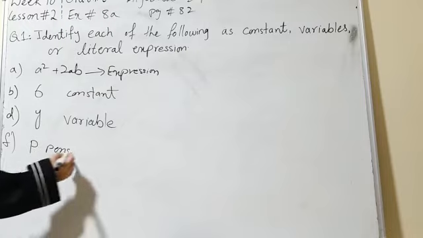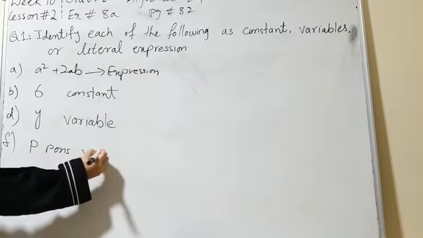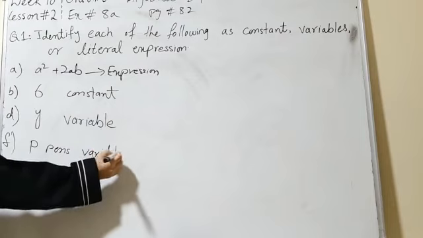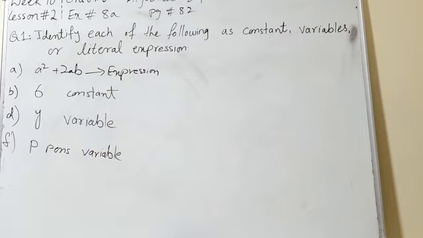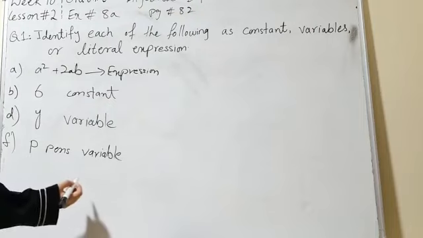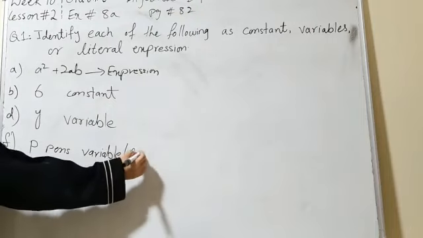Just when we write simply y in the part D, we call it as variable, but when we write the quantity with it, that P pens, or like P pens or X goals or X books, so this is known as literal. Clear? It will be literal.